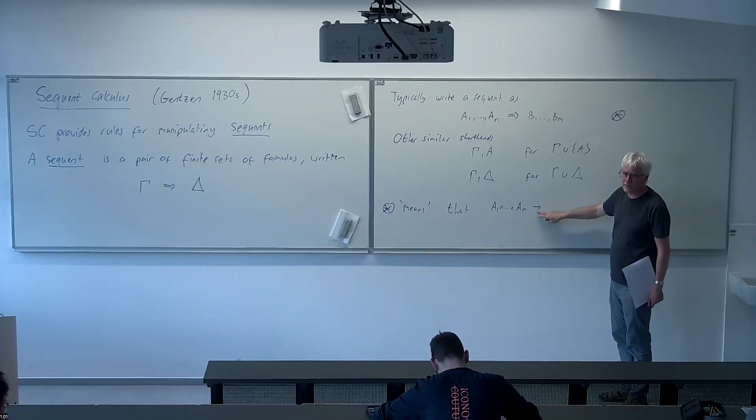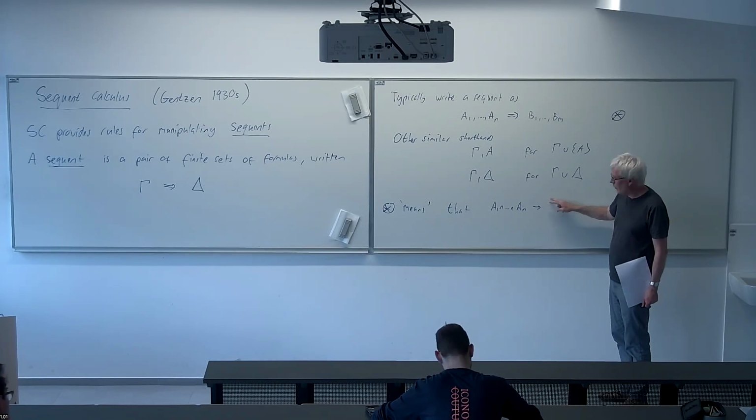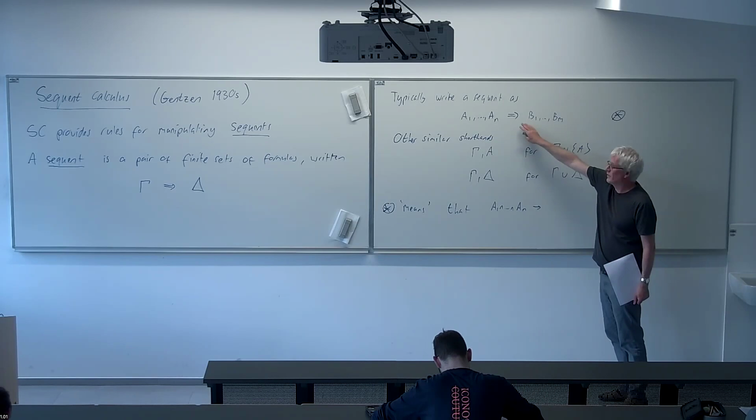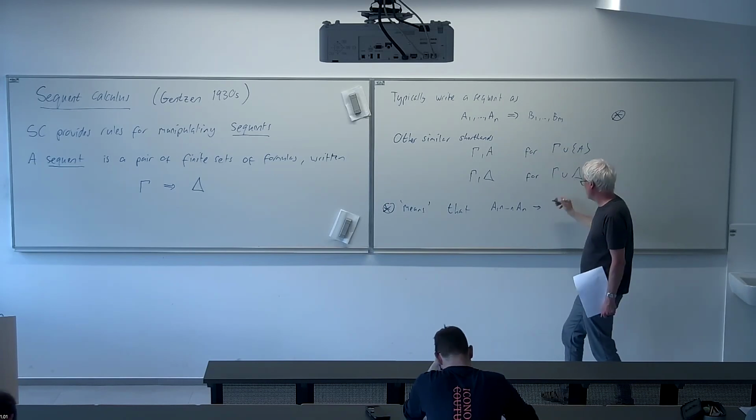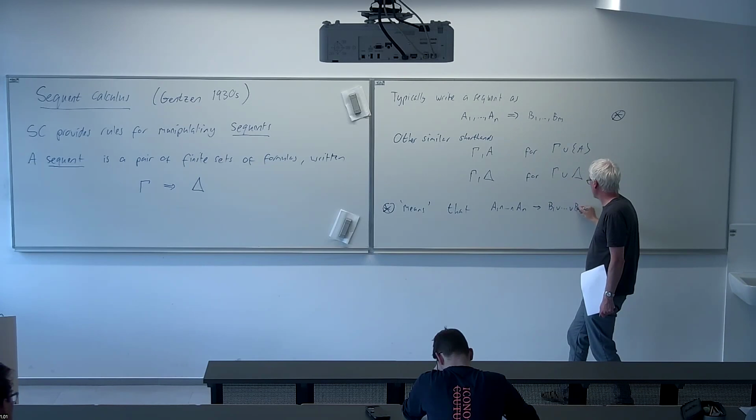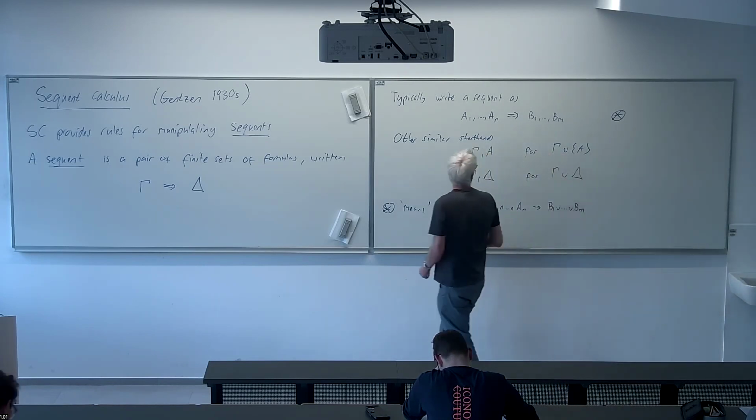Throughout the course, I've been using the single arrow for implies, and today it's going to be particularly important that we distinguish between the logical connective implies and this notation here, which is literally just constructing a pair. That means this. So it implies the disjunction of the formulas on the right. Okay.